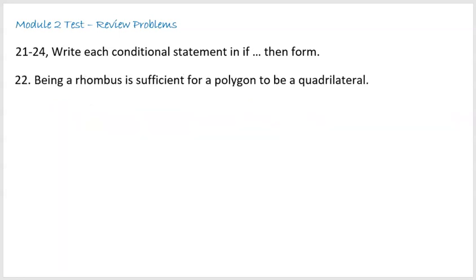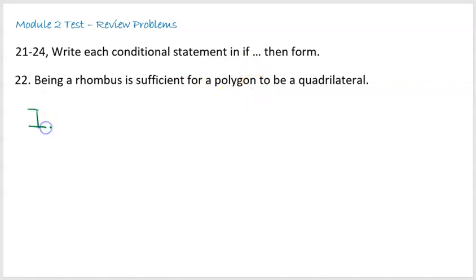22, being a rhombus is sufficient for a polygon to be a quadrilateral. So this is one of those, is sufficient for, but this really is an if-then statement. So you could say if the figure is a rhombus, then it is sufficient that the figure is for a polygon to be a quadrilateral. Let me say this more clearly. If the polygon is a rhombus, because it calls it a polygon, you could say the figure though.